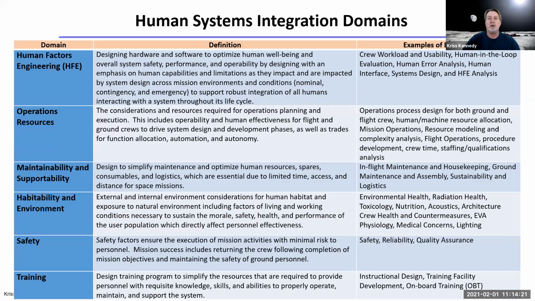So human system integration has numerous domains as part of it. The human factors engineering domain is designing hardware and software to optimize human well-being and overall system safety, performance, and operability by designing with an emphasis on human capabilities and their limitations.